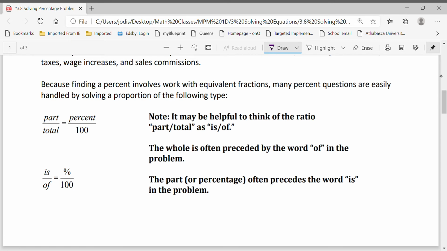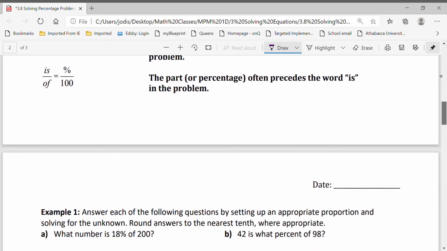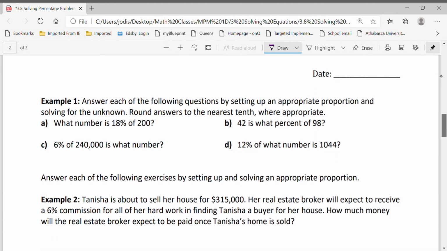The whole is often preceded by the word of in the problem, like 25% of. So is over of is percent over 100. The part or the percentage often precedes the word is in the problem. We are going to use some of these terms to help us solve some problems here.